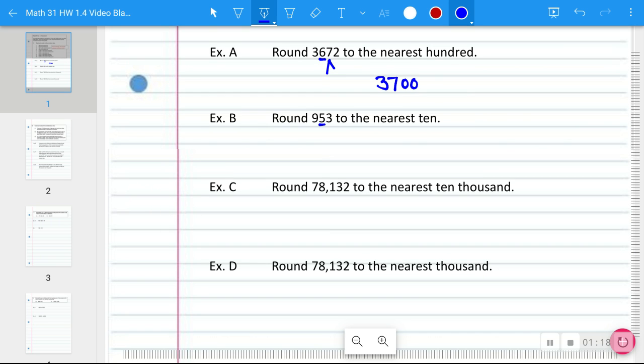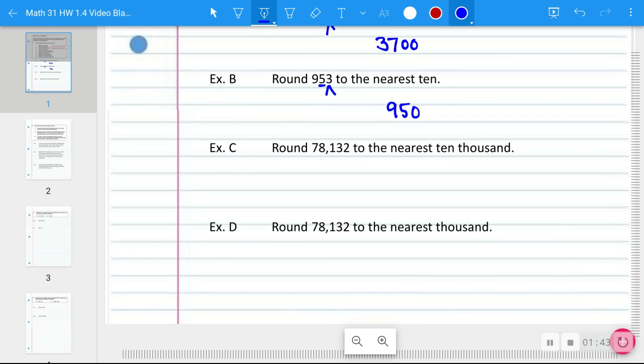I'll underline the tens digit, and then its next door neighbor is a 3, which doesn't change that 5. Anything 5 or higher will bump the rounding digit up. So we're going to leave it at 9 and a 5. The 5 won't change, and then we substitute a 0 on the back there. So that's closer to 950 than it would be 960.